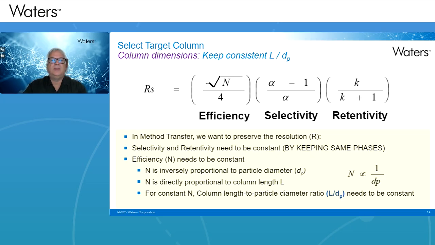One of the terms of the efficiency is N, the theoretical plates, and we know that it's inversely proportional to the particle diameter, dP, and directly proportional to the column length, L. So if we keep that ratio L over dP constant, because the two other terms are constant, our resolution will remain the same. That's the goal.